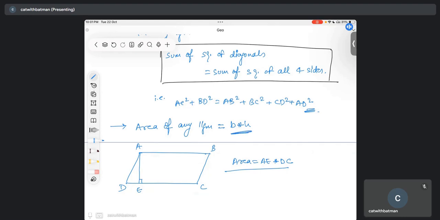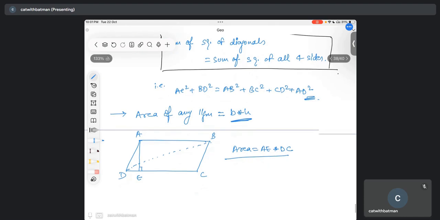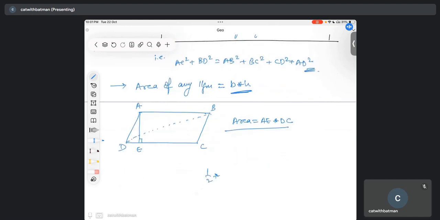Why B into H? Because you see, this basically forms two triangles. If you look at triangle ABD, it will be half, height is AE, base is AB. And if you look at triangle BCD, in that case, height is still AE and the base is DC.